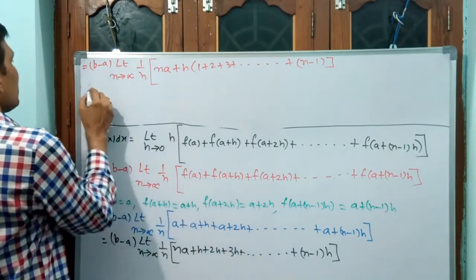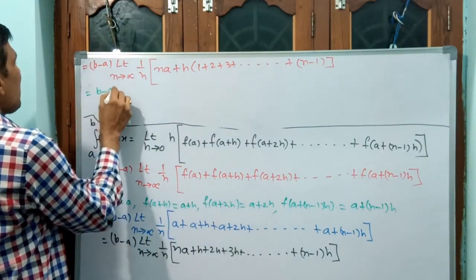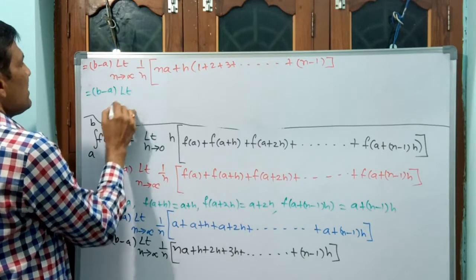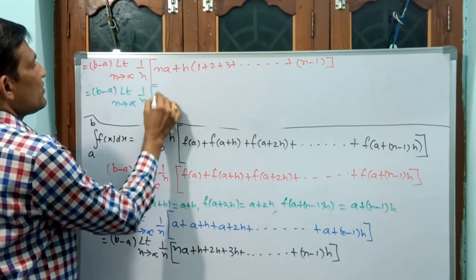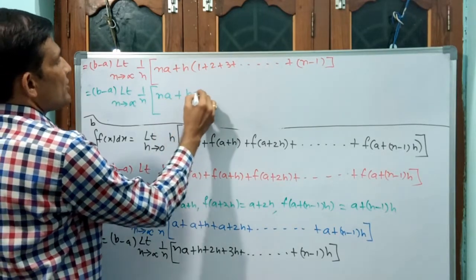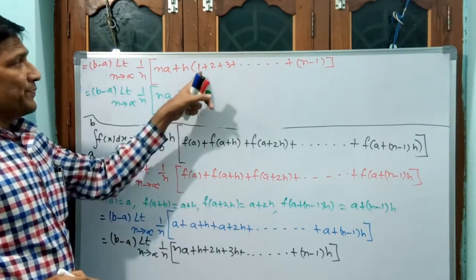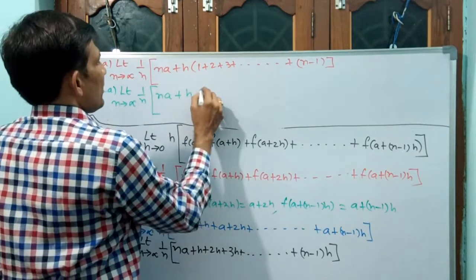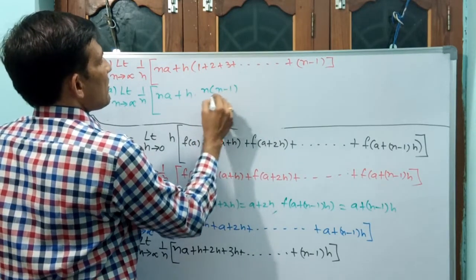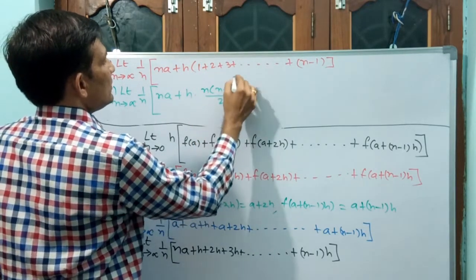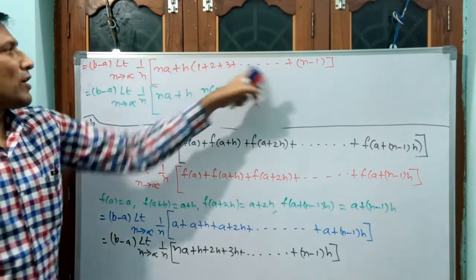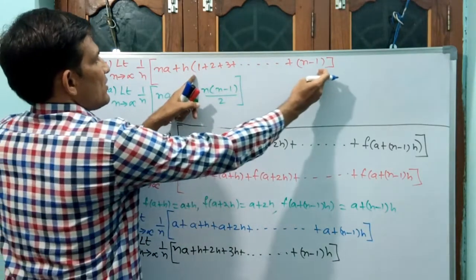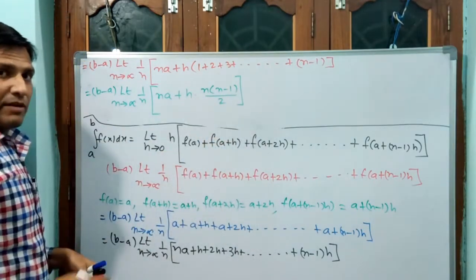Okay? See, that is equal to b minus a into limit n tends to infinity 1 by n into na plus h into, see, this is like n into n minus 1 by 2. Okay, sum of this formula, see, after h, this formula n into n minus 1 by 2.